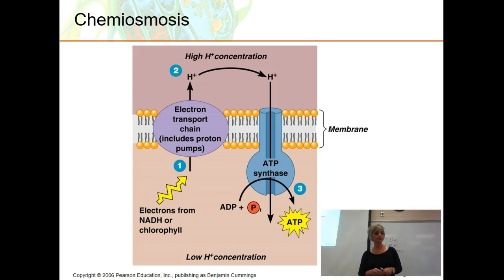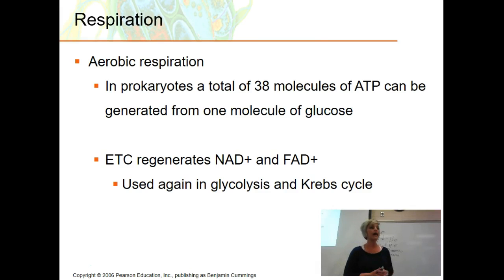Okay? Now, that is aerobic respiration. In prokaryotes, you generate 38 molecules of ATP. Do you remember how many you generate as a eukaryotic species? 36. It's less. There's actually an extra step that eukaryotes go through.